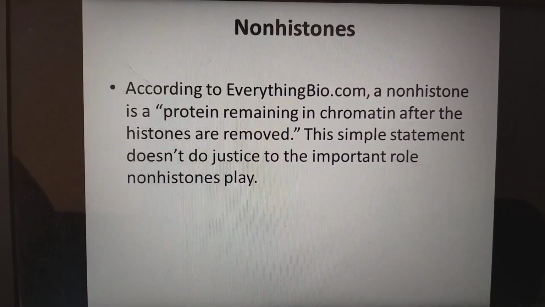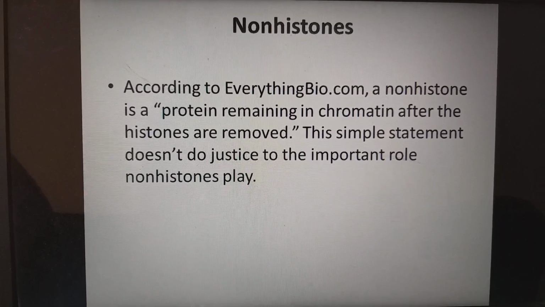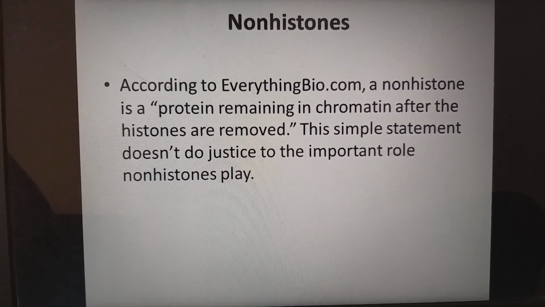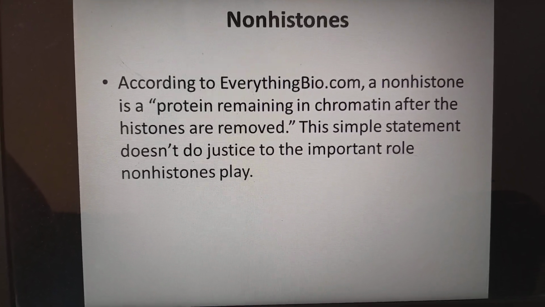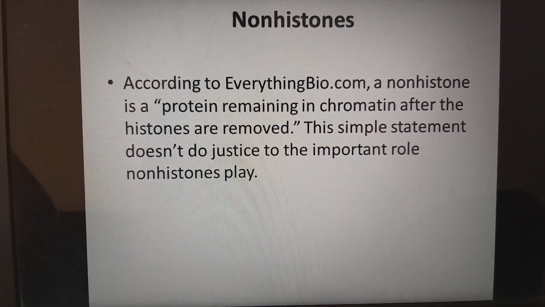Coming to the next, non-histone proteins. According to everythingbio.com, a non-histone protein is a protein remaining in chromatin after the histone proteins are removed. This simple statement does not do justice to the important role of non-histone proteins.